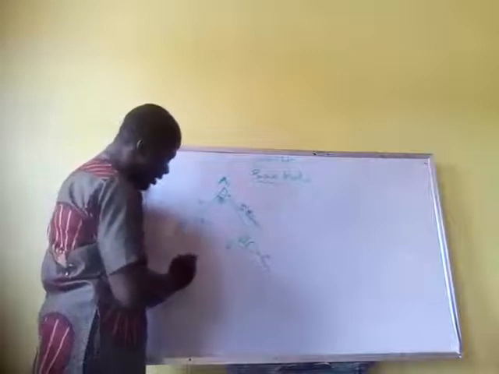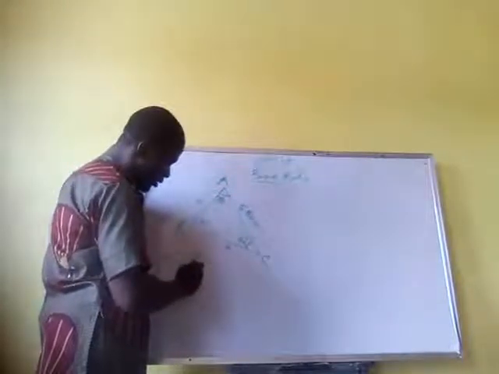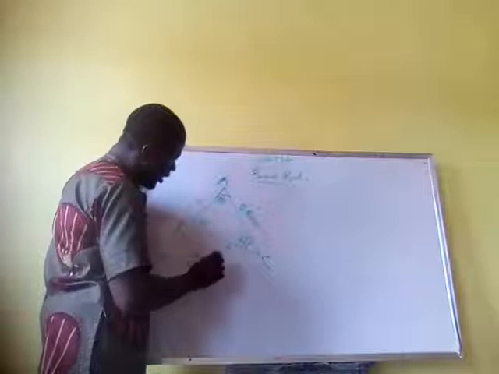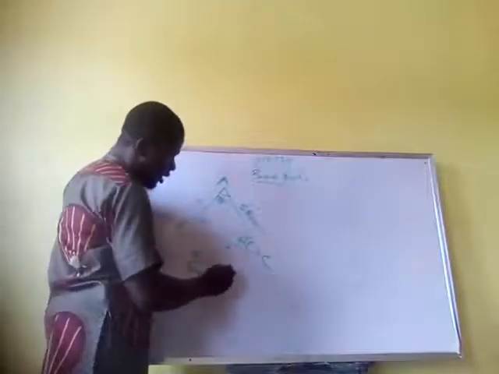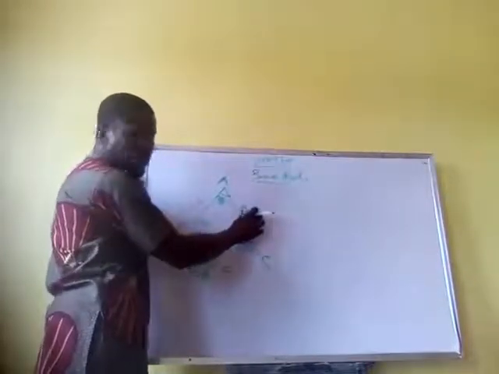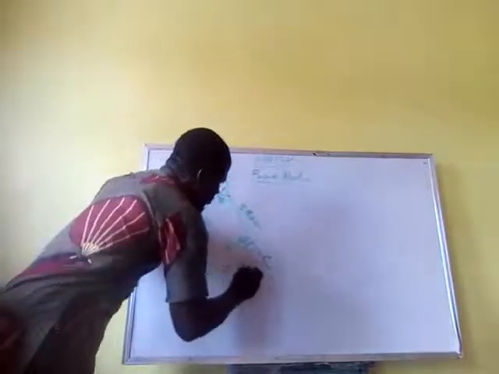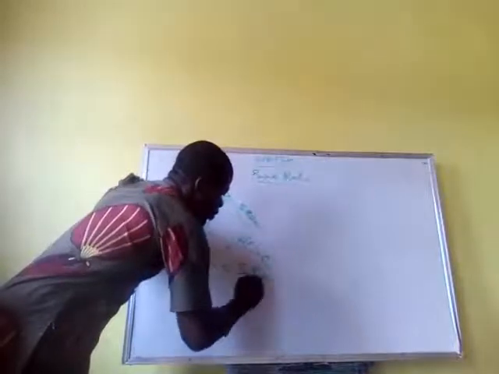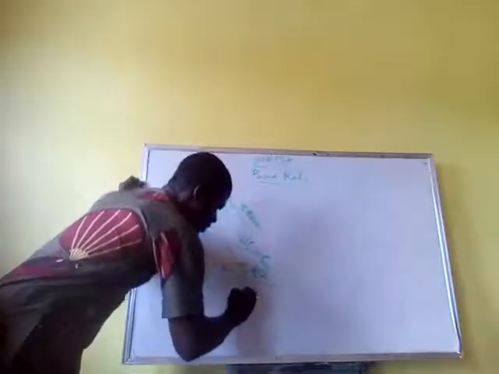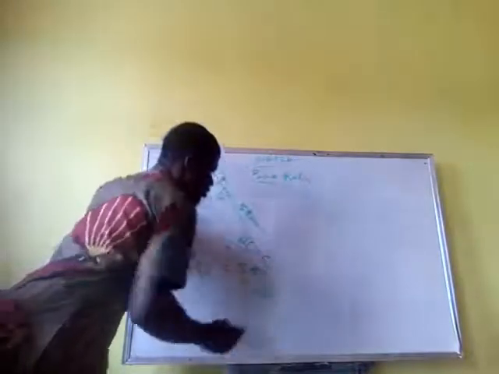So a over sine A is equal to b over sine B: a over sine 38 equal to 5.82 over sine 70.